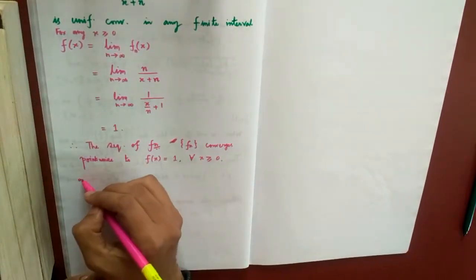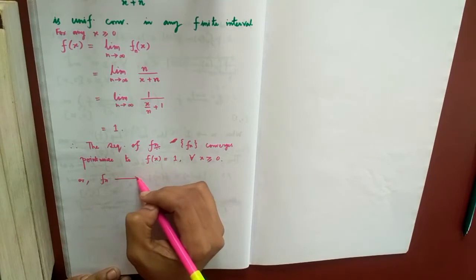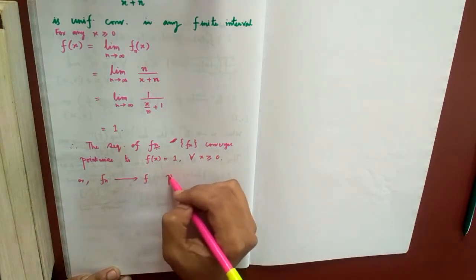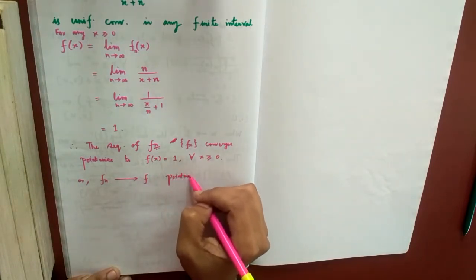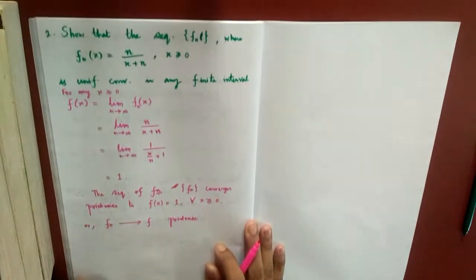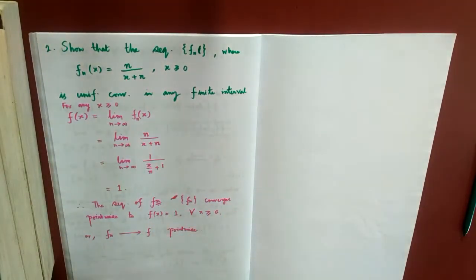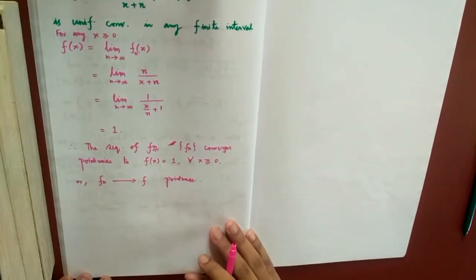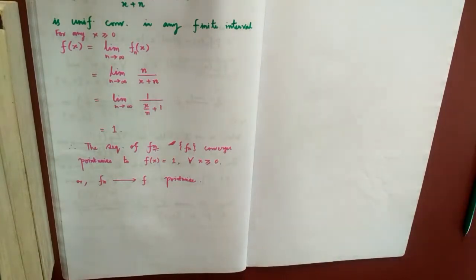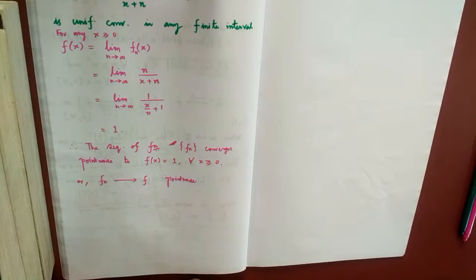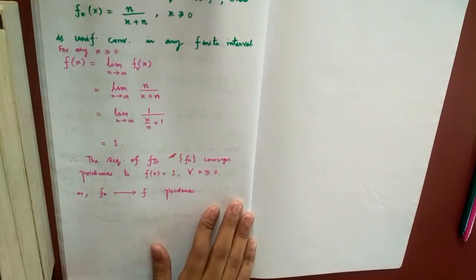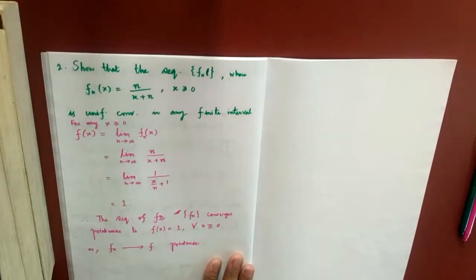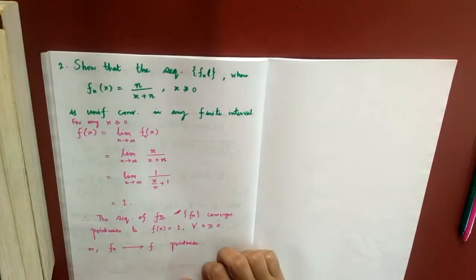Another way of writing this is f_n converges to f pointwise, and f is 1. So whatever x you choose, f_n(x) is converging to 1. Clear? So definitely this is your first task, to find the pointwise limit. Once we are done with the pointwise limit, then I can talk about the uniform convergence. Go through it once, then I'll start with the uniform convergence.